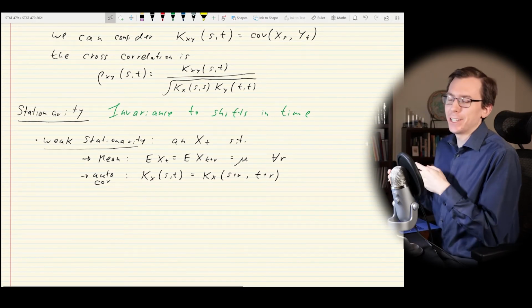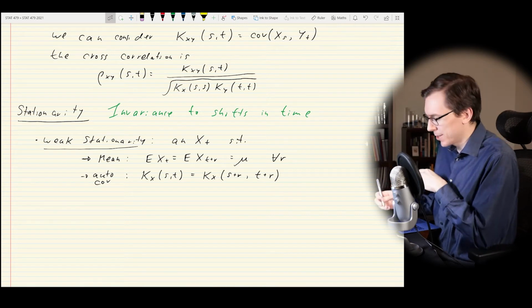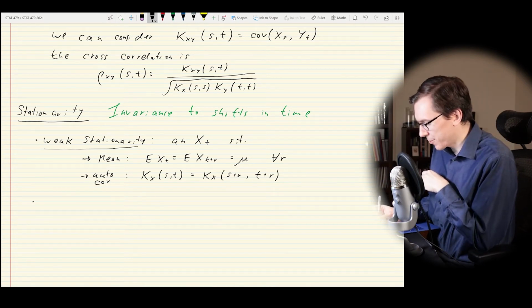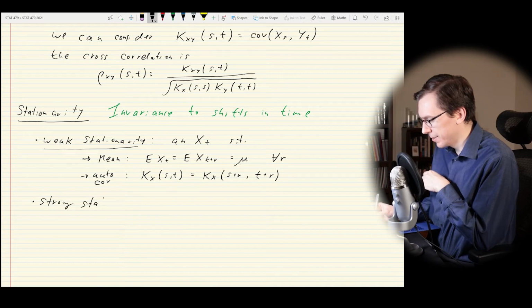This is the definition that we'll be using mostly throughout this course, but there is a way to strengthen it to strong stationarity.